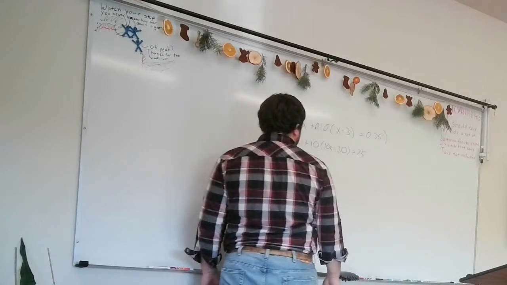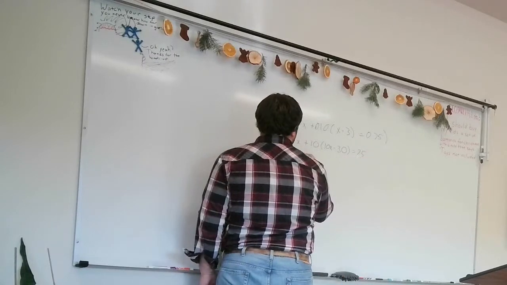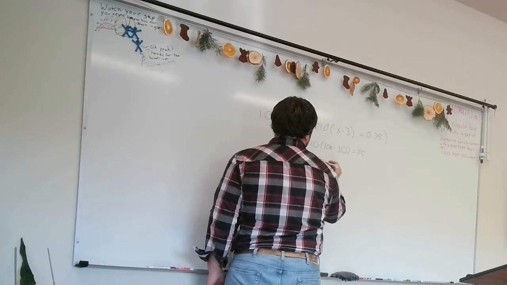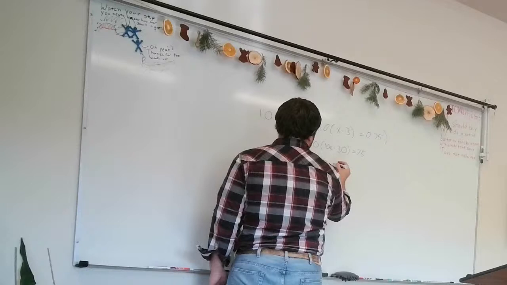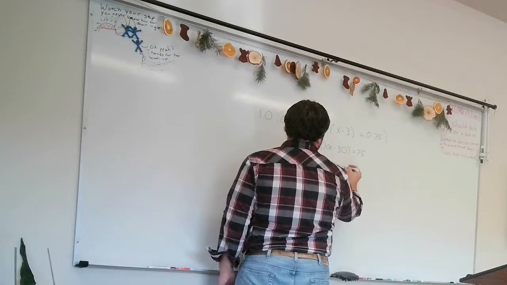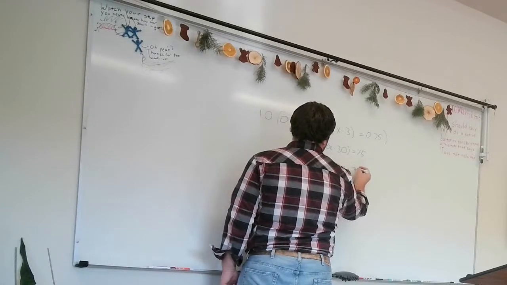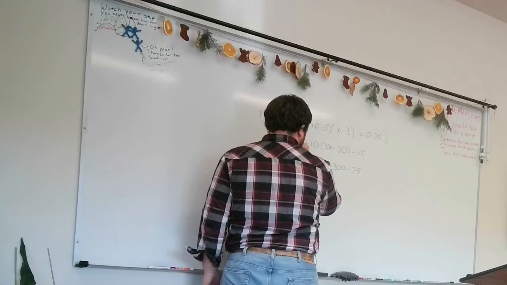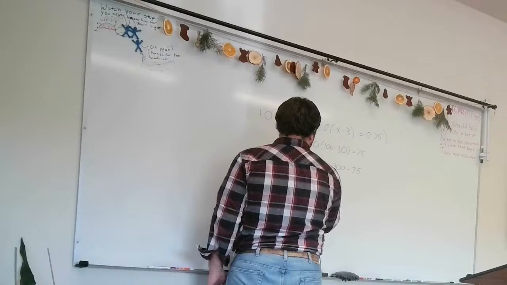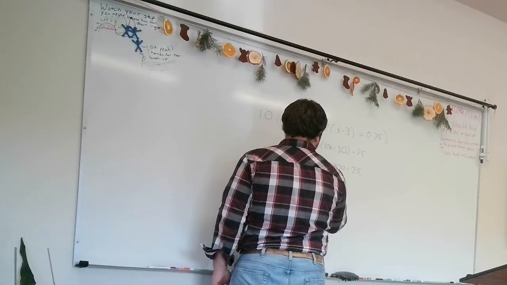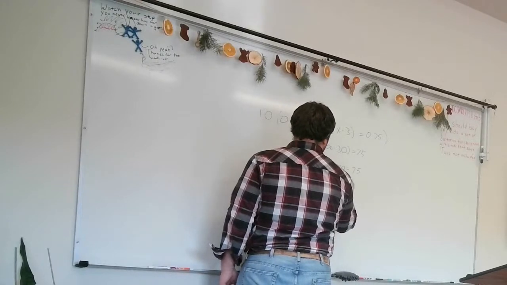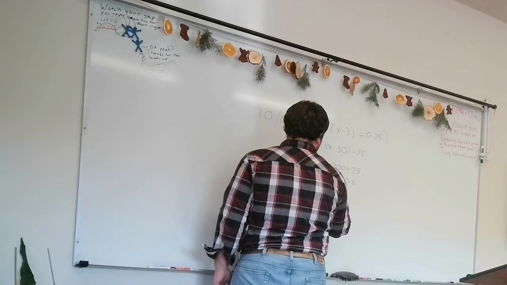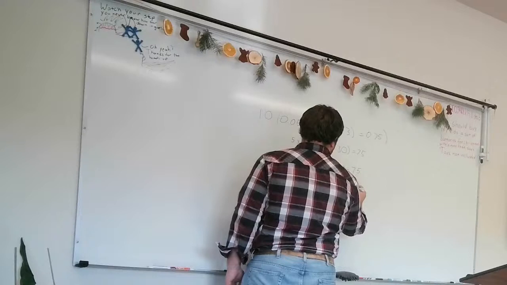So now we go with the 5x, parentheses, you have to go 100x minus 30 equals 75. So then it would be 101x plus 300, should be 375.